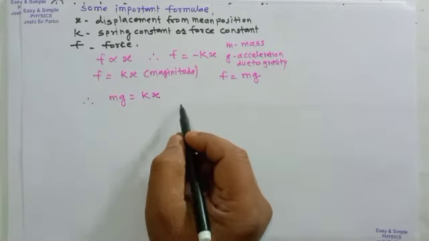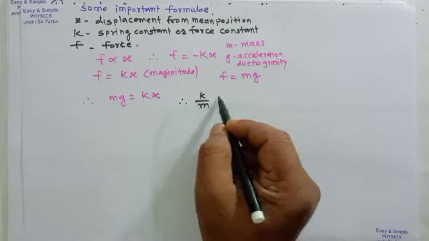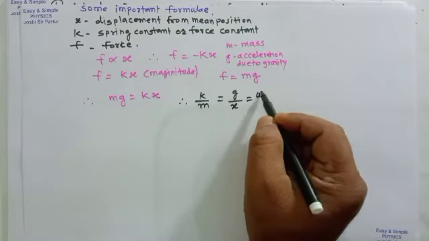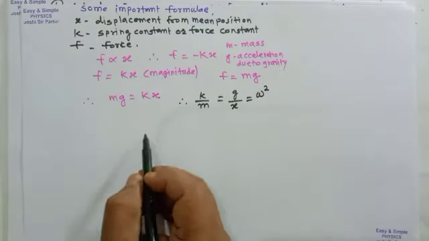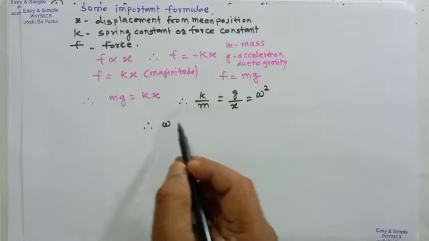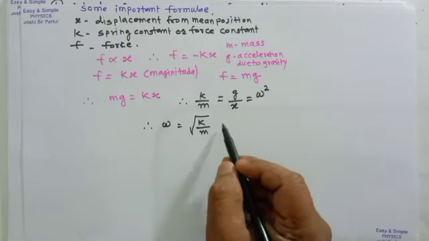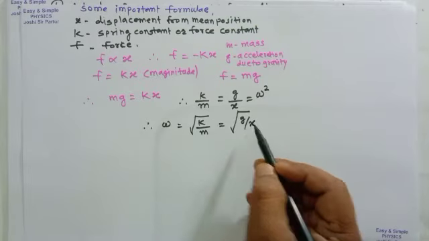So we can write k upon m is equal to g upon x, which is omega square, and therefore omega is equal to square root of k upon m or is equal to square root of g upon x.